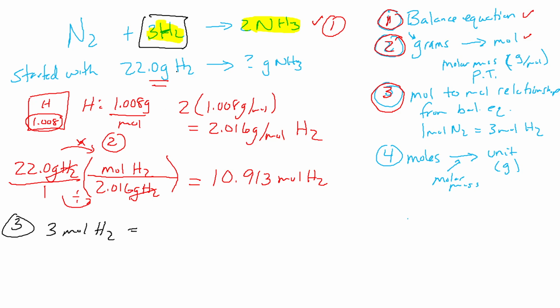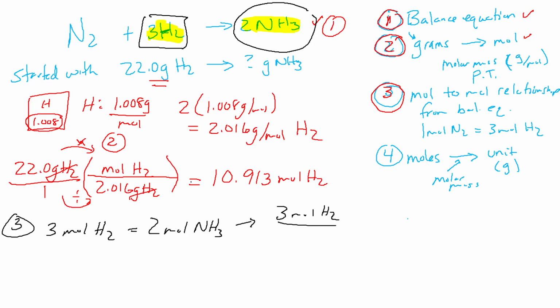And we can see from the equation, we have 2 moles of NH3. That again is going to get us 2 conversion factors that we could use. 3 moles of H2 and 2 moles of NH3, we could flip it around, 2 moles of NH3 over 3 moles of H2.